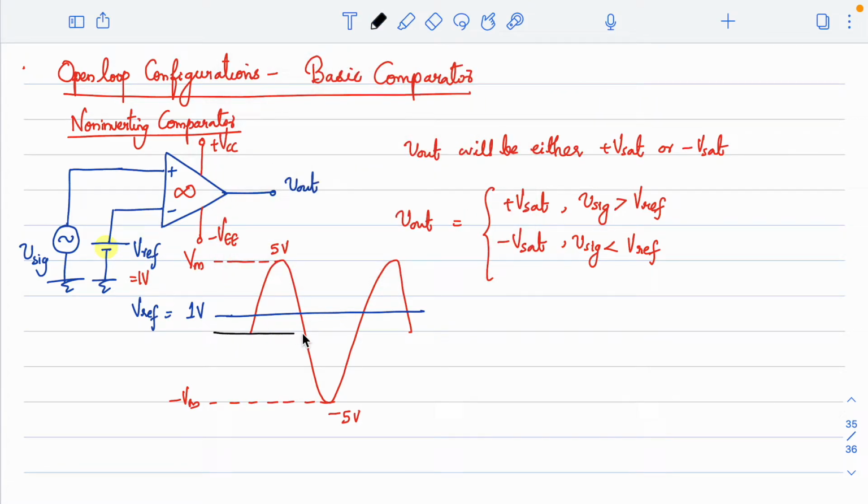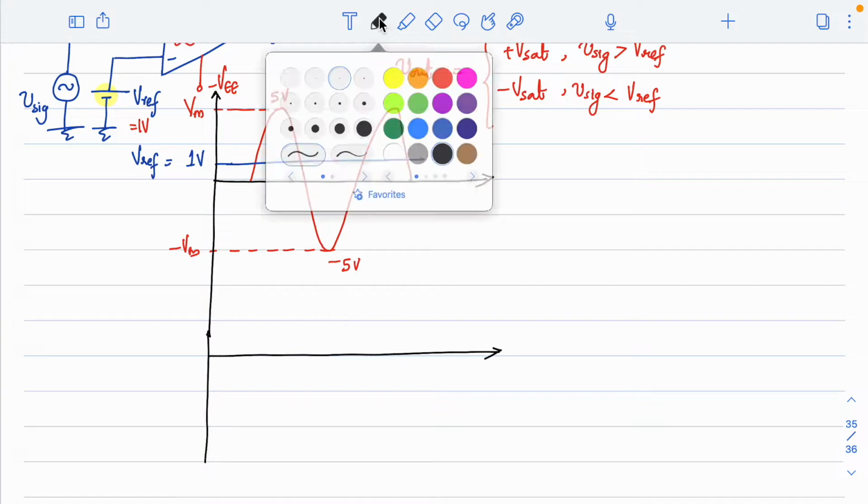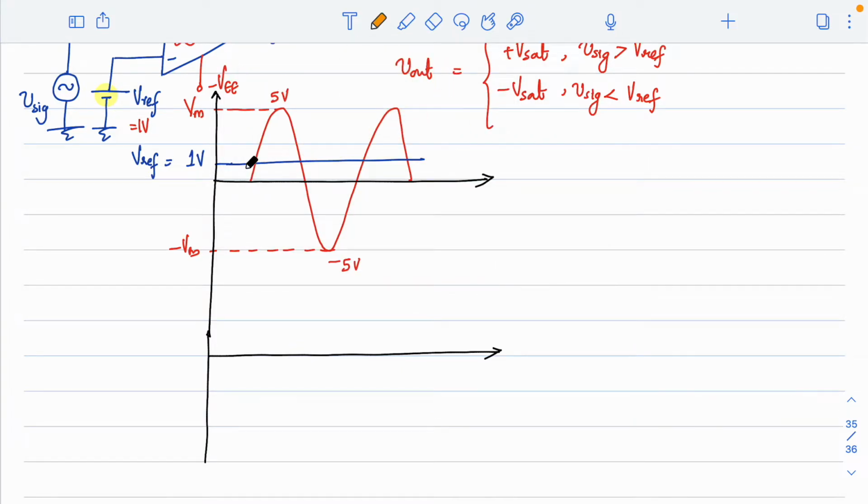So how will this respond, or how do we draw the output for this circuit? Look at this. Let me mark a few points.